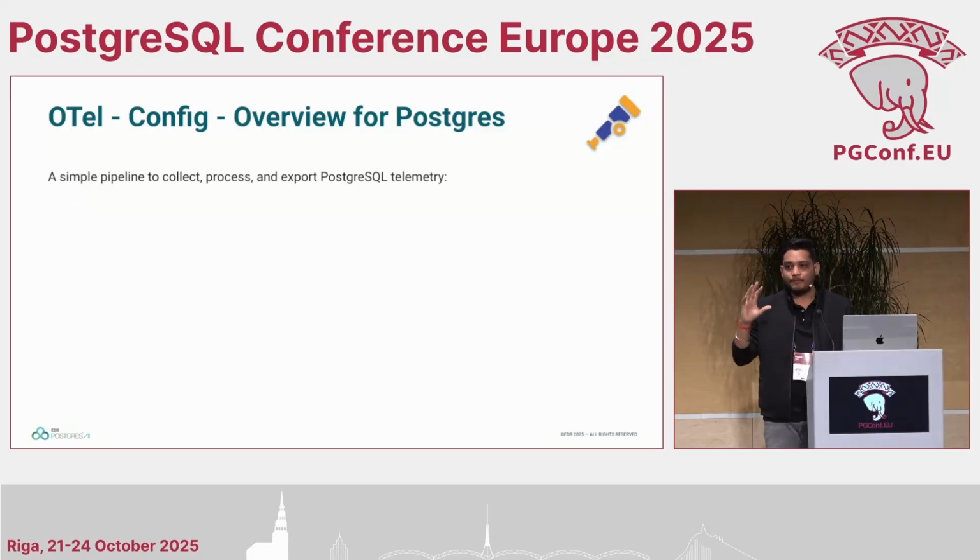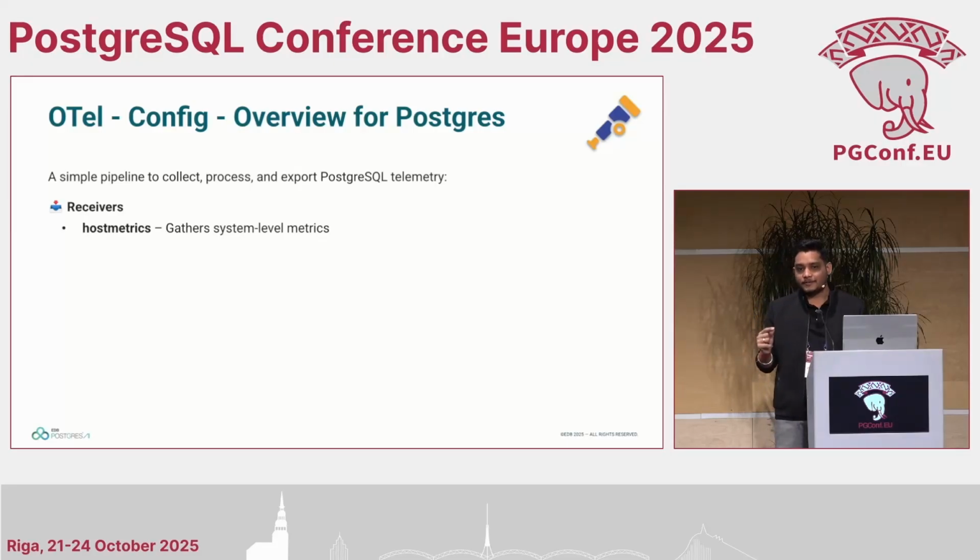Here is a very simple pipeline of OpenTelemetry. By pipeline, I mean the configuration, which I'm going to show in the demo. If you want to understand what we can use for Postgres, it is this. The host metrics receiver can be used to monitor system level metrics like CPU, memory, disk IOPS.